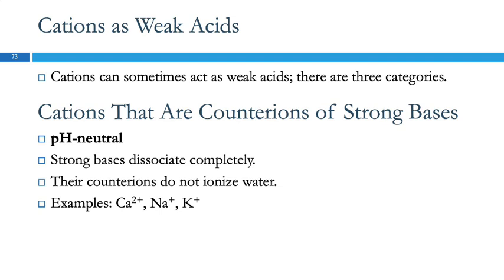So these are things like sodium, because sodium hydroxide is a strong base. It ionizes completely into sodium ions and hydroxide ions. So this is the counter ion of this base. It can't go backwards, so it doesn't do anything. It's pH neutral.